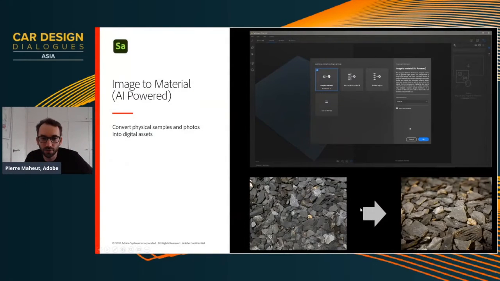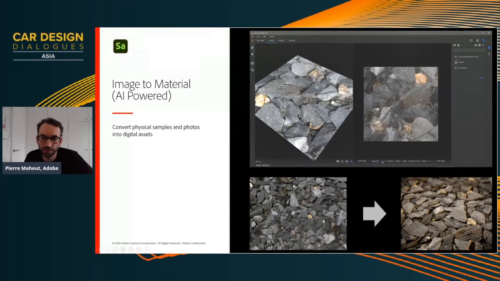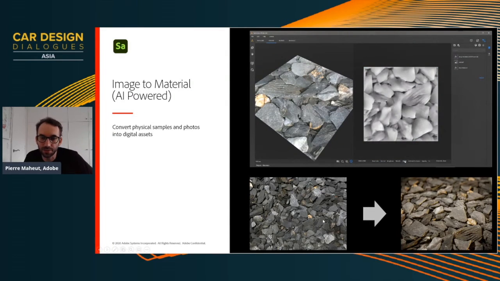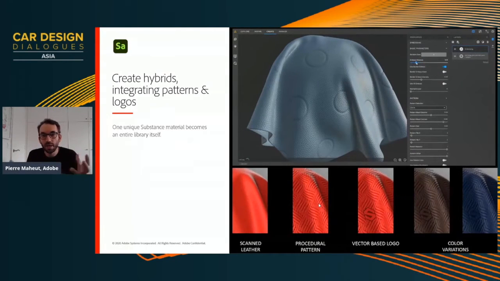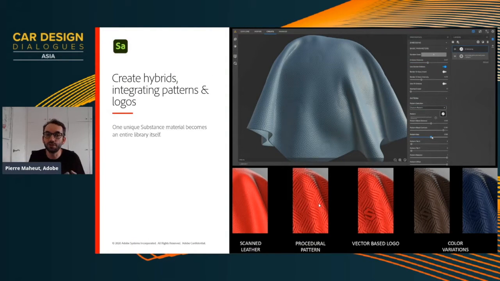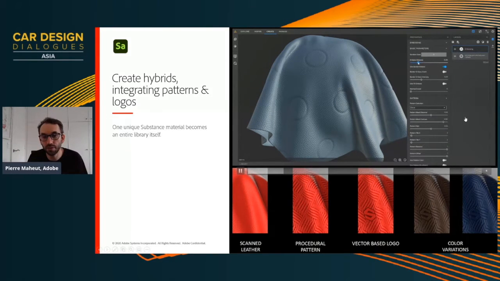So here's another example for grounds where we just drag and drop the image and generate the different maps directly out of this artificial intelligence feature. Also, if you want to add details, here are numbers. You just drag and drop a numbers filter in the layer stack, customize the inputs, and you are able to generate those.